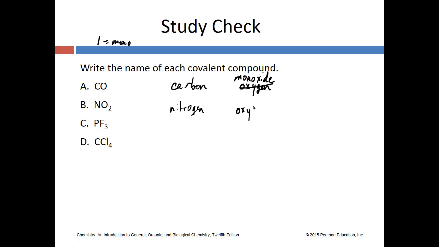I had oxygen, but I'm going to need to change it. I've got two. Two is di. So my prefix is di, and I need to change oxygen to oxide. Nitrogen dioxide is the name of this compound.